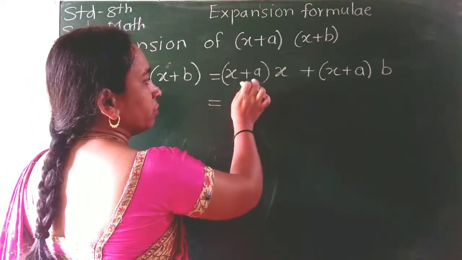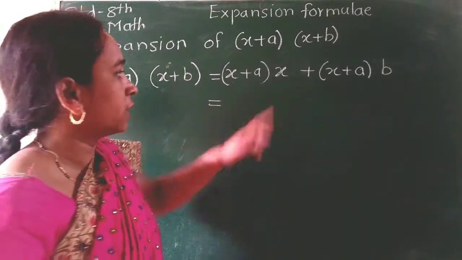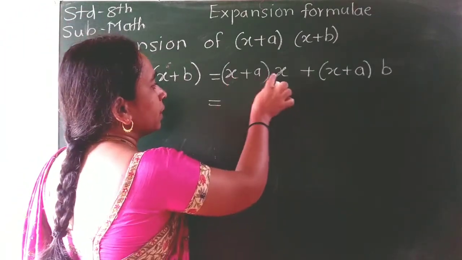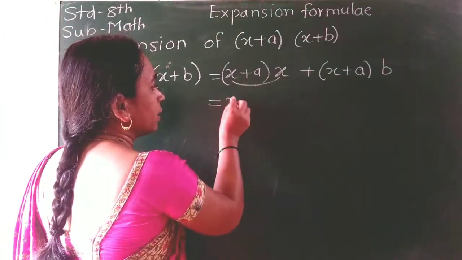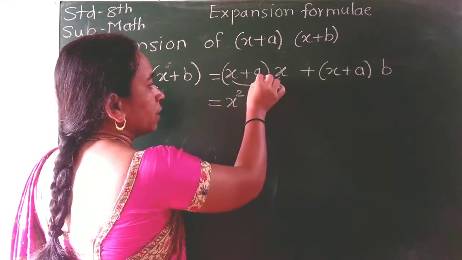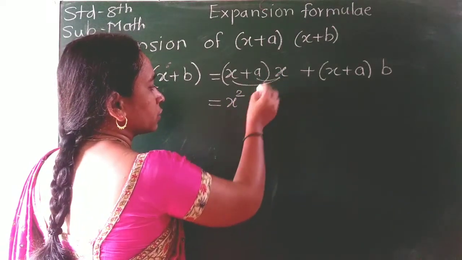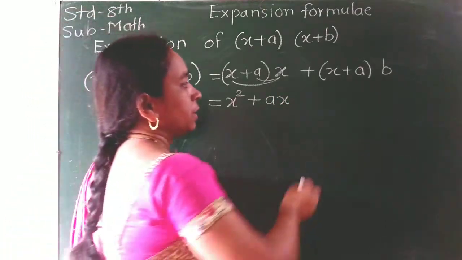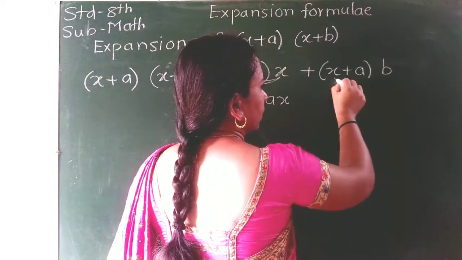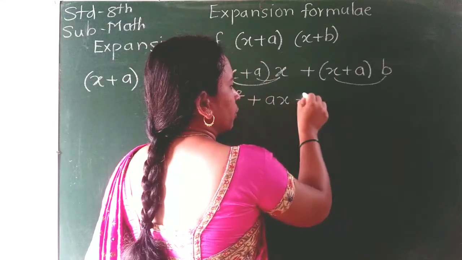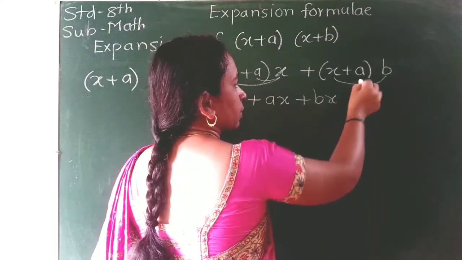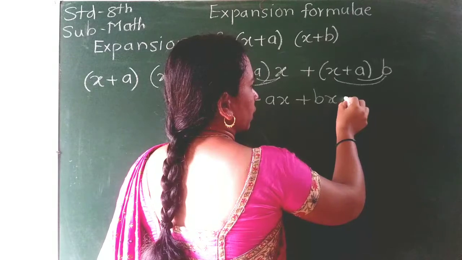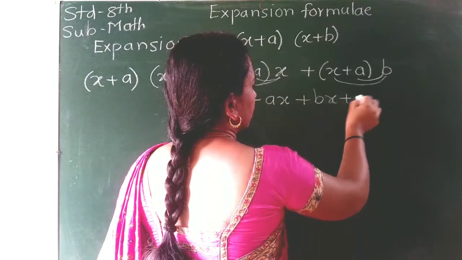Multiply each term inside the bracket by x: x times x gives x square, a times x gives ax. Similarly, multiplying by b, I get positive bx, and then ab.